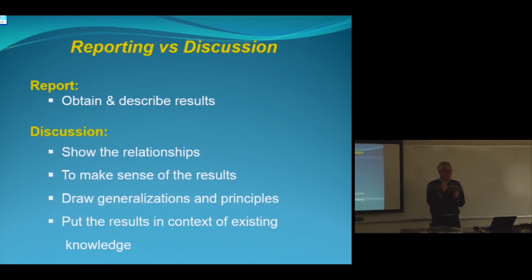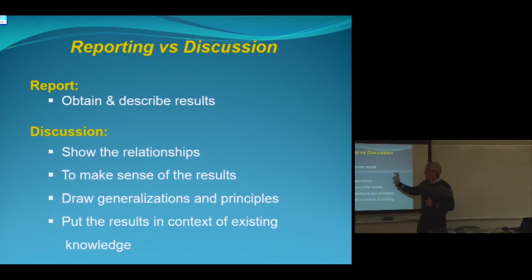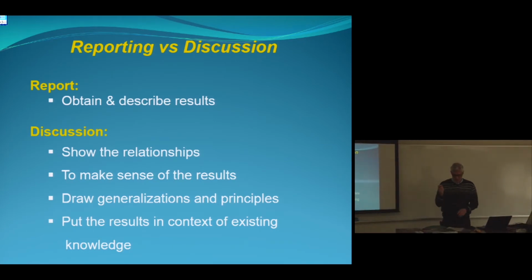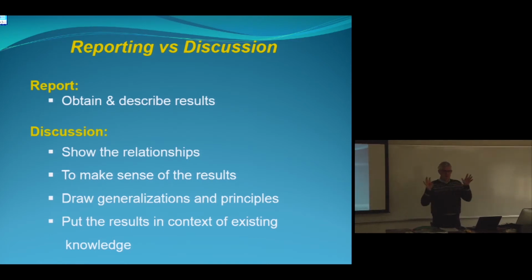Often, the discussion section that I get to read is more a report than a discussion. And I'd like to emphasize the difference between the 2. A report just says this was what was found and just describes the values found for the results.